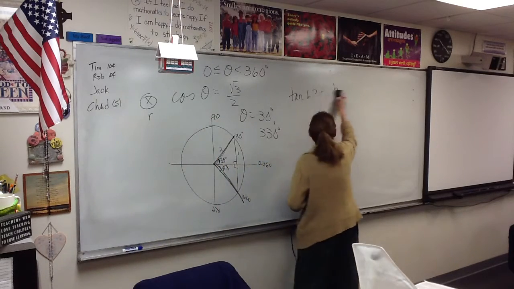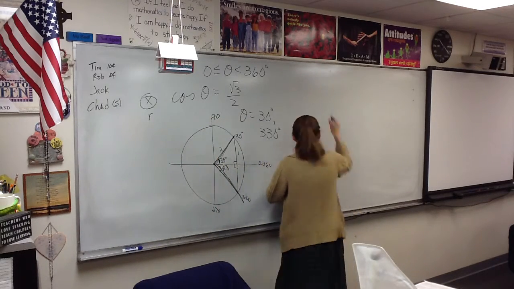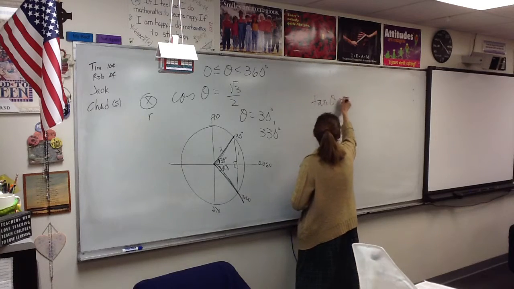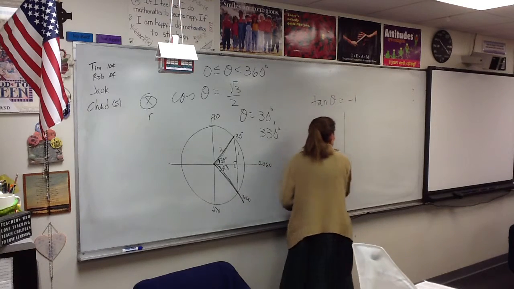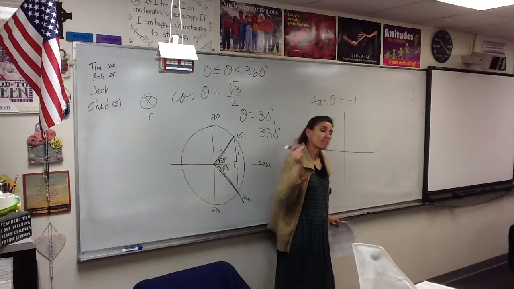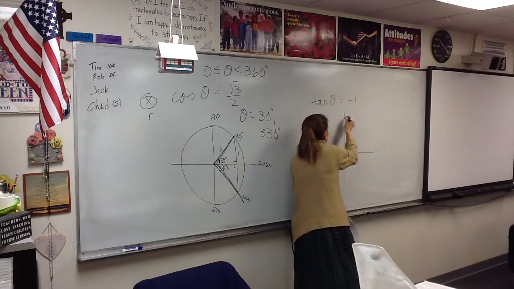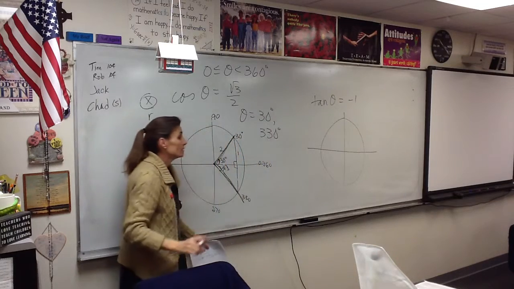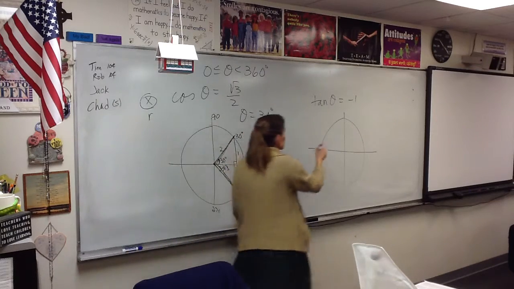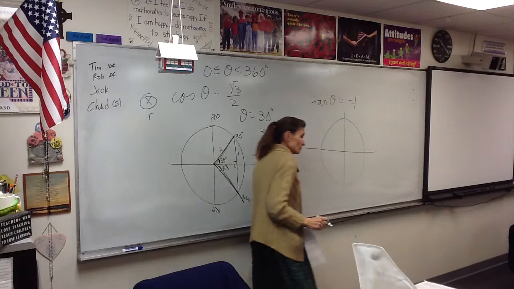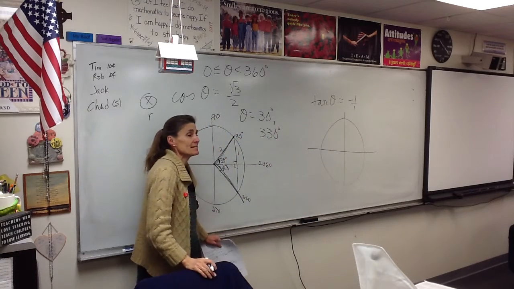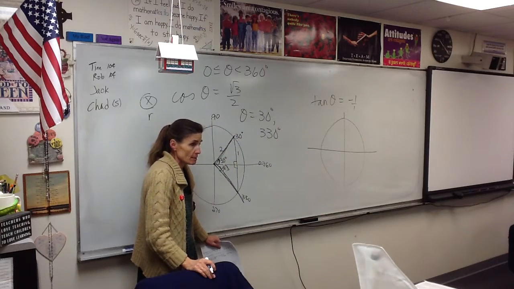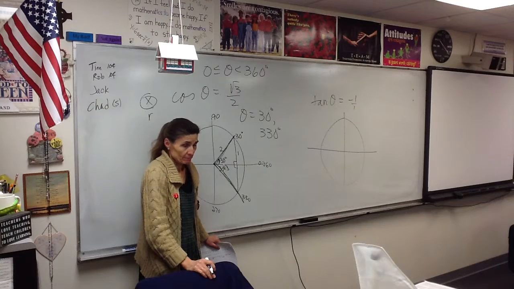Let me do the next one. We're done. Listen, if that's a little fuzzy, pay attention, we're doing another one. Now, think of this as a fraction. You need the tangent to be negative.